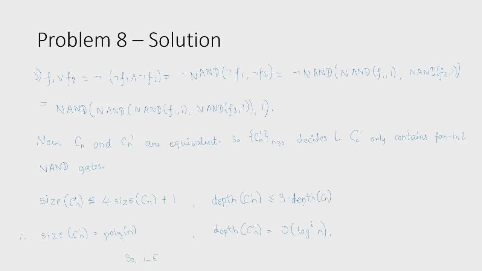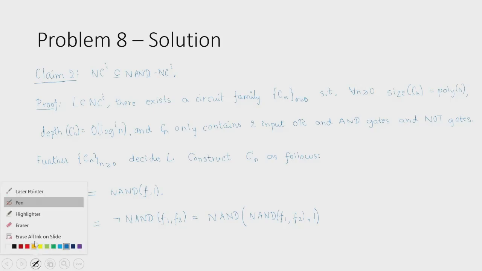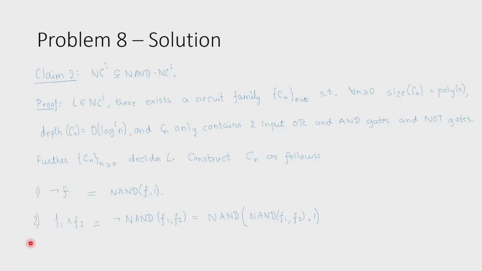L is in NAND NC to the i, and since this is true for all L in NC to the i, this proves that NC to the i is in NAND NC to the i. Since both are contained in each other, they are exactly the same class. So this would be true for any universal gate. You can also do the same thing, for example, for NOR gates.